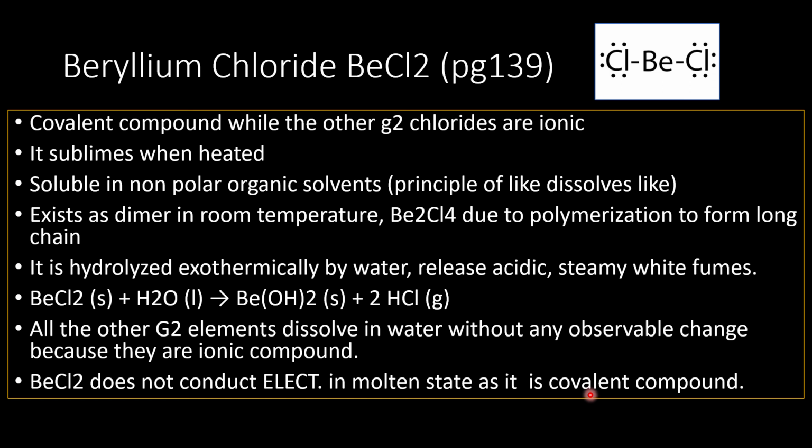However, you must always remember that it can conduct electricity in the aqueous state, because in the aqueous state we have ions which can conduct electricity, such as hydrogen ions and also hydroxide ions. So beryllium chloride only cannot conduct electricity in the molten state because it is a covalent compound.